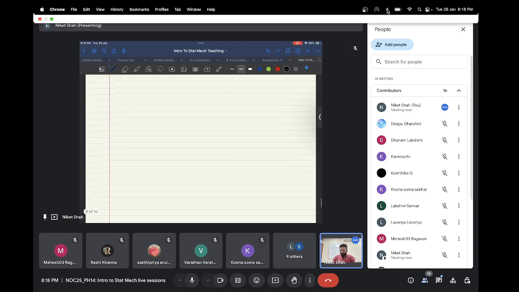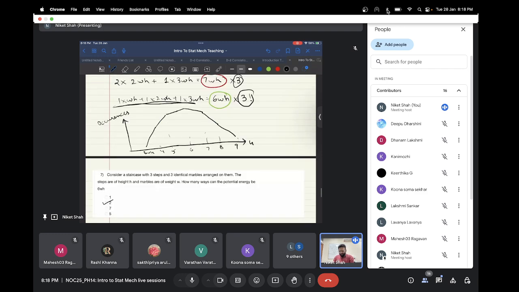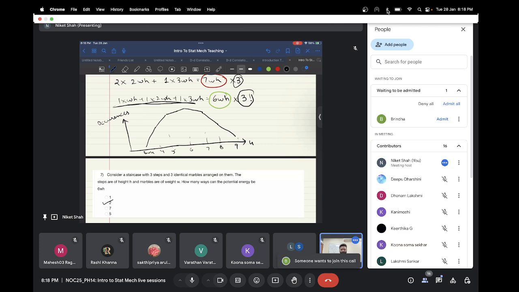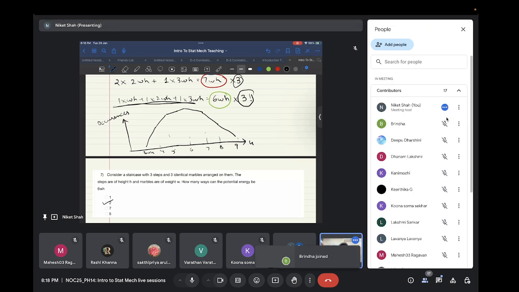You basically draw a graph of this sort. You draw a graph of this kind, the one I've drawn here, where there is the possible potential energy on one axis and the number of occurrences on the other axis. So occurrences basically corresponds to entropy, right?